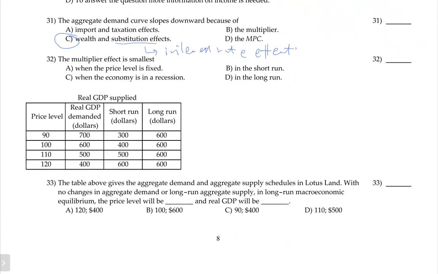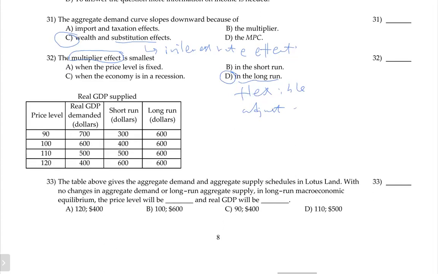Okay, so now let's see which one is correct. The answer is D. And why is that? It is because in the long run, everything will be flexible and everything will adjust, right? And so you're going to see in the long run, everything is going to wash out. That means the multiplier effect will wash out. Okay, so the answer is D.